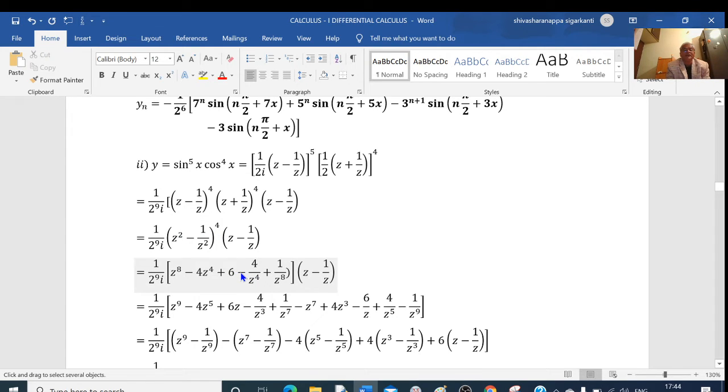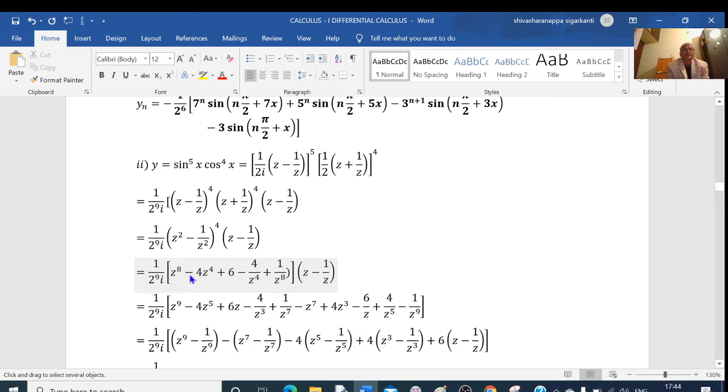Next minus 4C3, that is 4 into 3 into 2 divided by 3 factorial, equal to 4, into z square to the power of 1 into 1 by z square to the power of 3. So this becomes z to the power of 4. The last term is b to the power of n, so 1 by z to the power of 8, all into (z minus 1 by z).